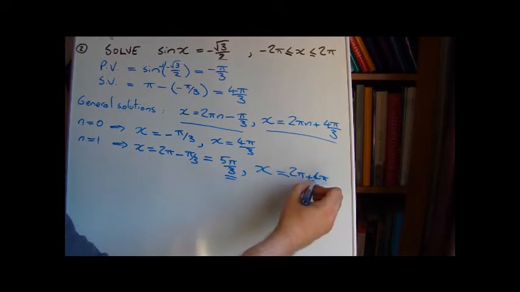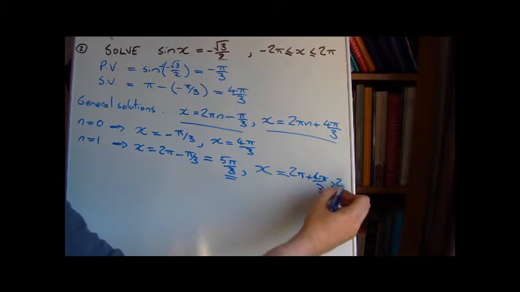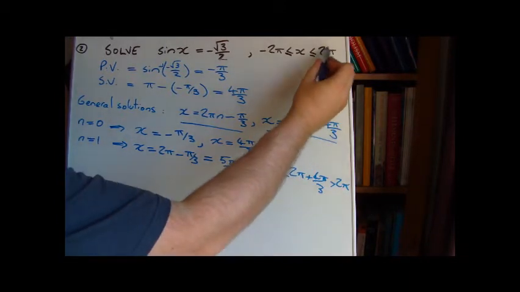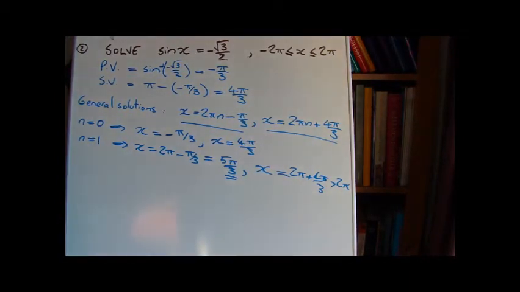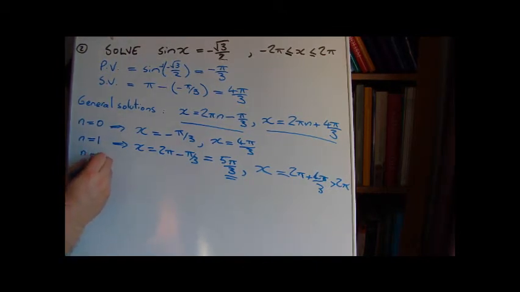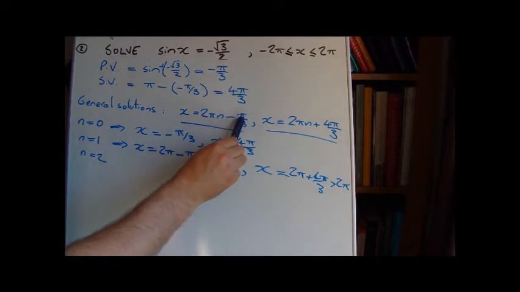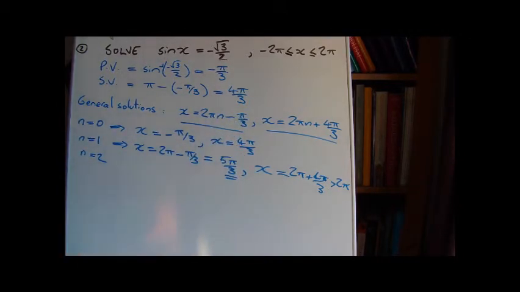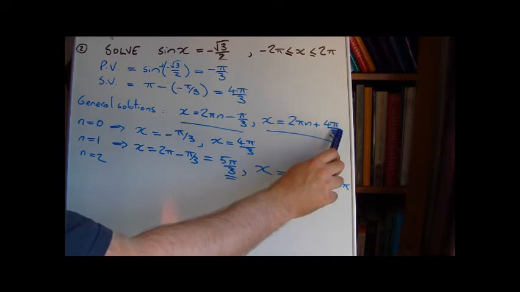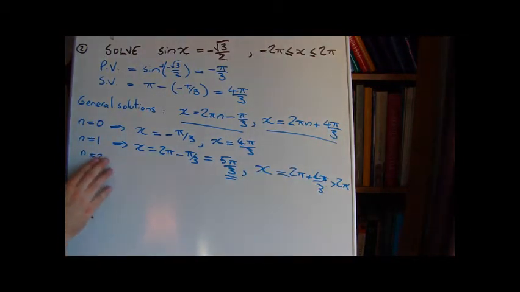That's too big. It's bigger than the allowed interval. So we don't need that one. With n equals 2, we'll get 4 pi minus pi over 3. That's also greater than this value. Here we'll have 4 pi plus 4 pi over 3. Again, that's too big, so neither of those values is okay.